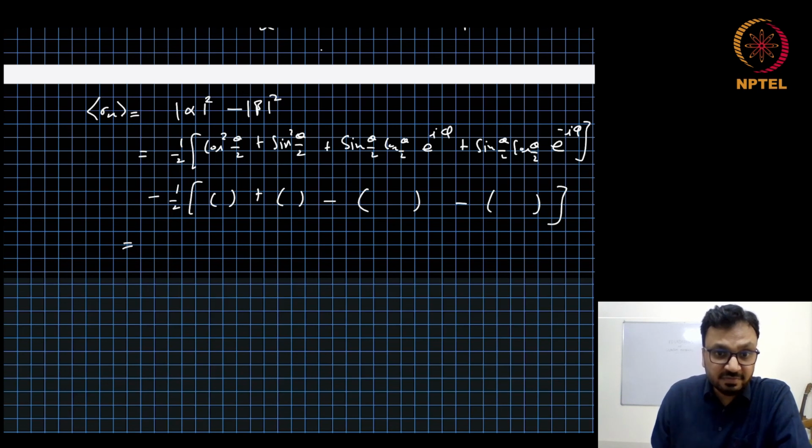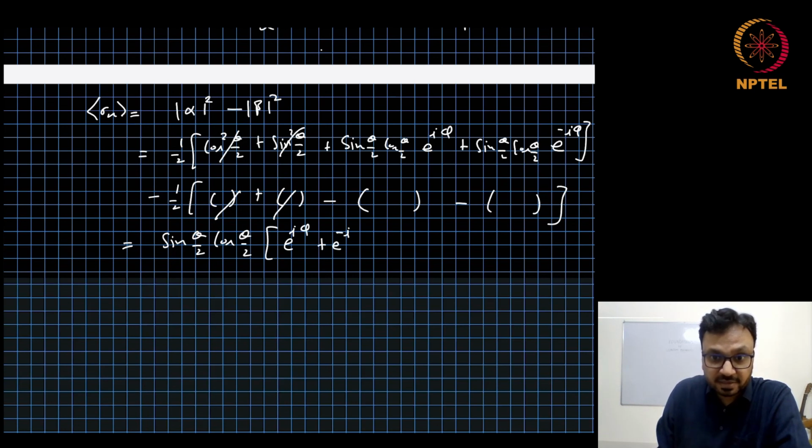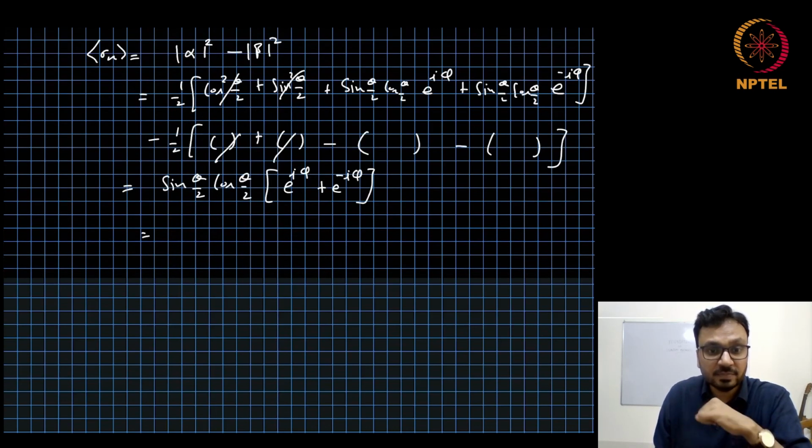Since there is a negative sign, when we add, these cancel and the remaining terms will be twice. So there is a half factor, so we can cancel that. So we are getting sine theta over 2 cos theta over 2 times exponential of i phi plus exponential of minus i phi, and that is nothing but sine of theta cos of phi.